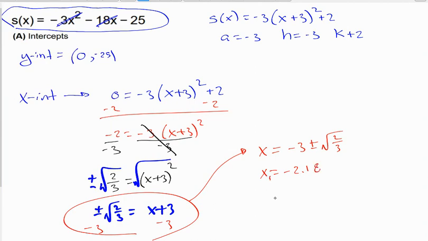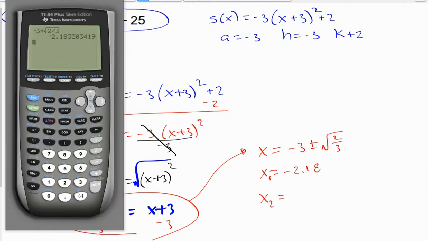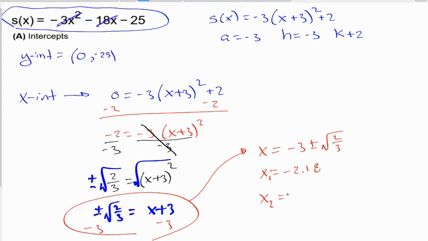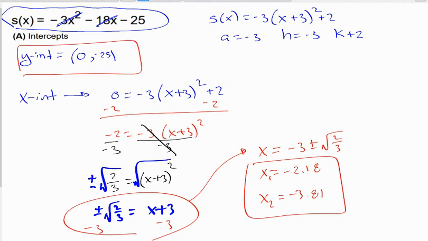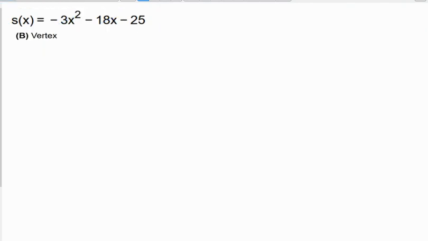And I'll put a little subscript of 1, and then we'll do our second x. And to do this, we'll subtract the square root of 2/3. And we get -3.81. So we've got our x-intercepts here, our y-intercept here. Let's move on to the next question.